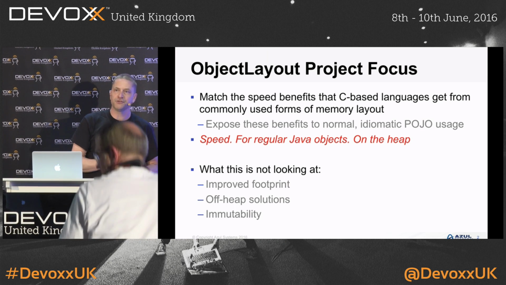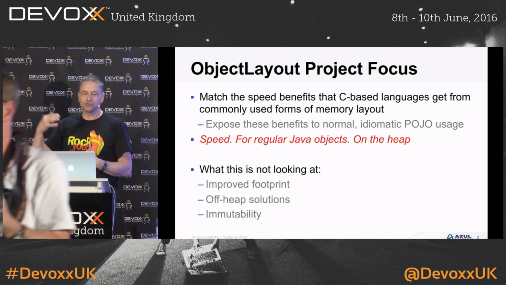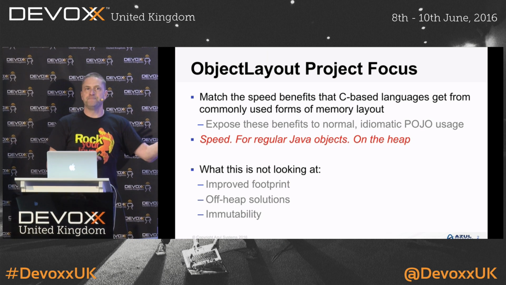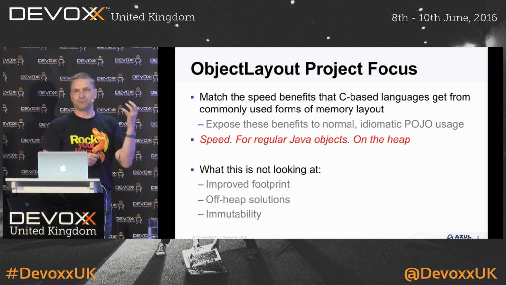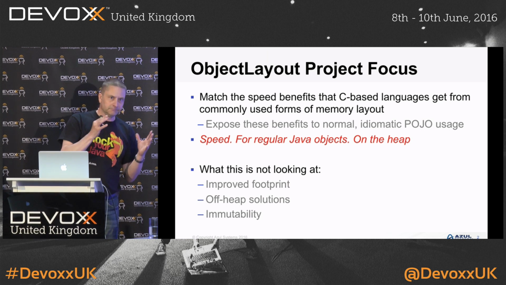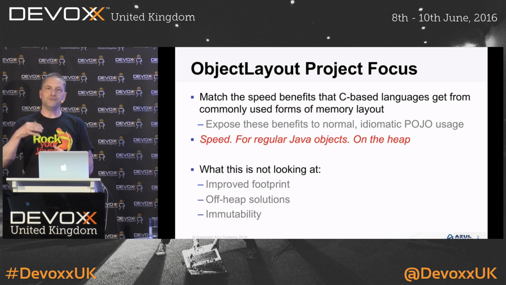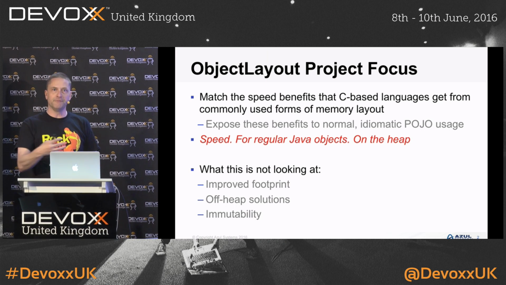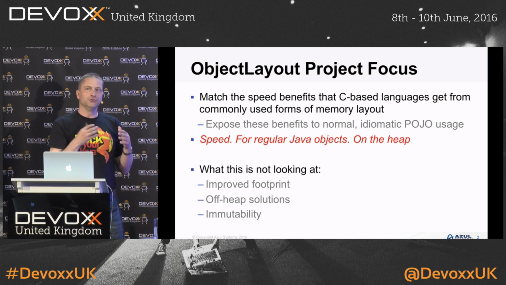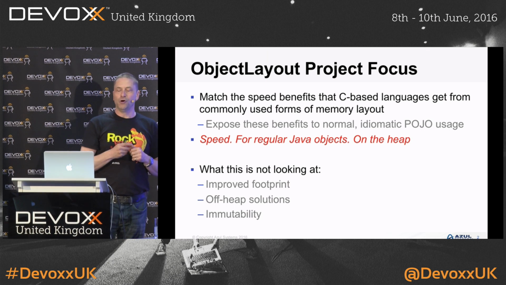Clearly, there are ways that we could do things if we did move off the heap, but we're not trying to do that. And we're not concerned about immutability. So we're not looking at using objects within Java which are immutable. Now, that said, there's nothing to say that if you have Java objects which are immutable, you can't use the object layout project with them. But you're not restricted to only immutable objects.